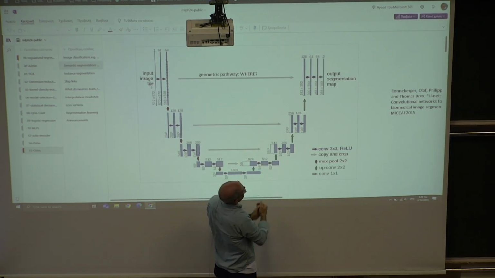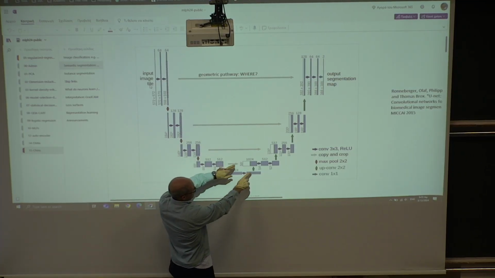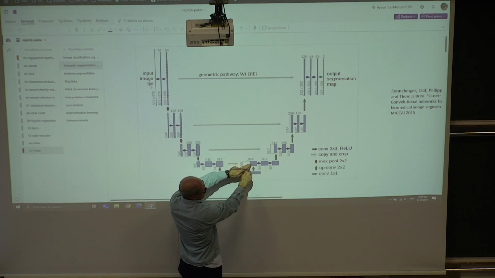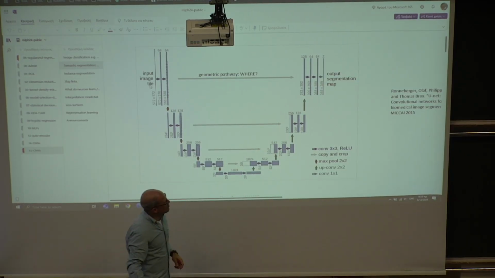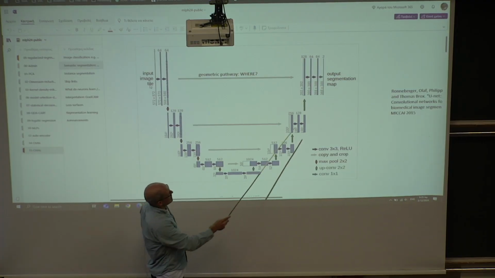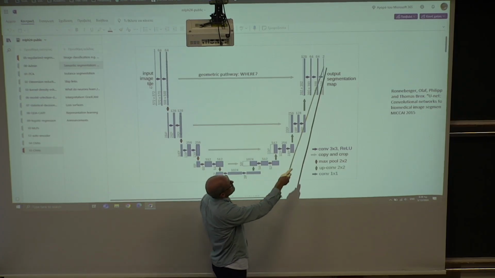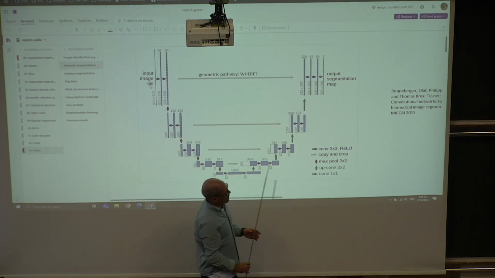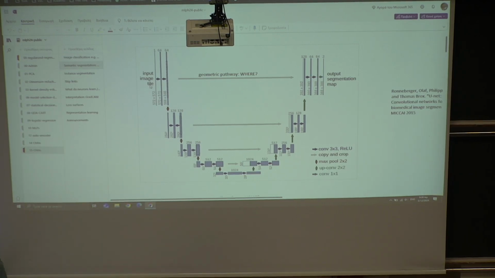But rather than concatenate, in more modern implementations, the tendency is to just sum these two up. Okay? And you do this iteratively, and you end with something that has the same spatial resolution as the original image and as many channels as classes that you want to discriminate.